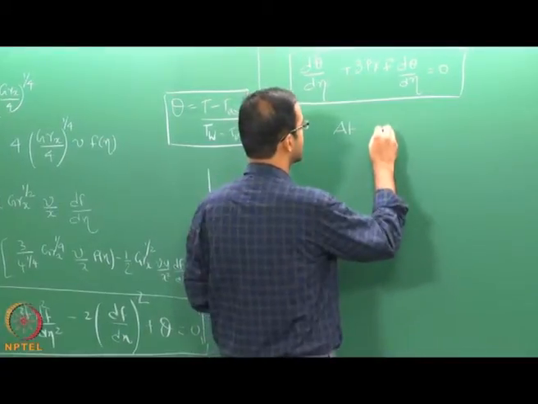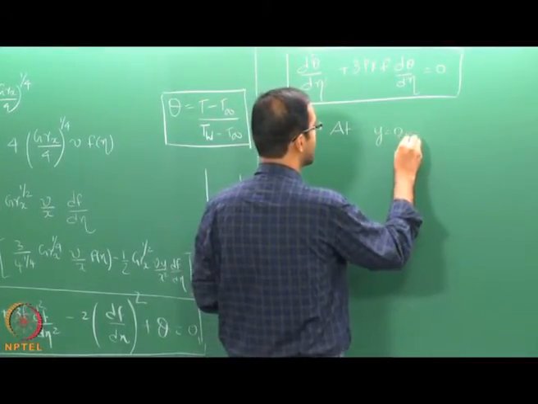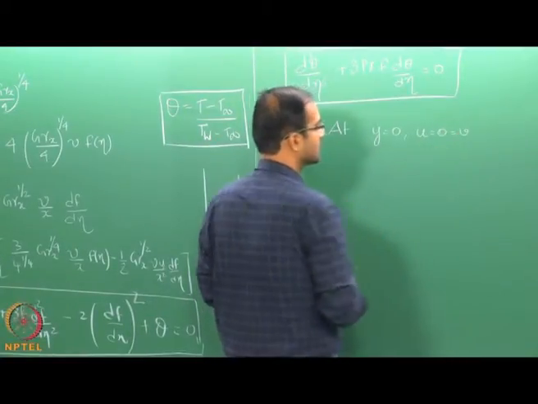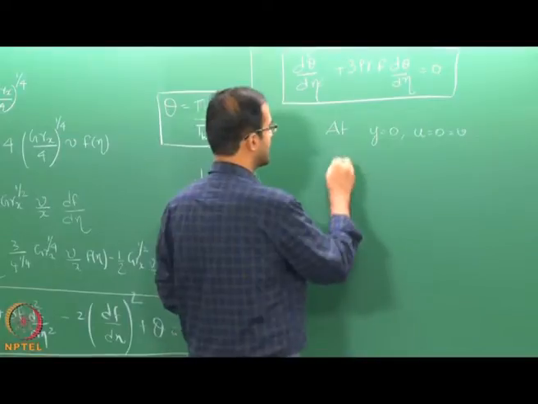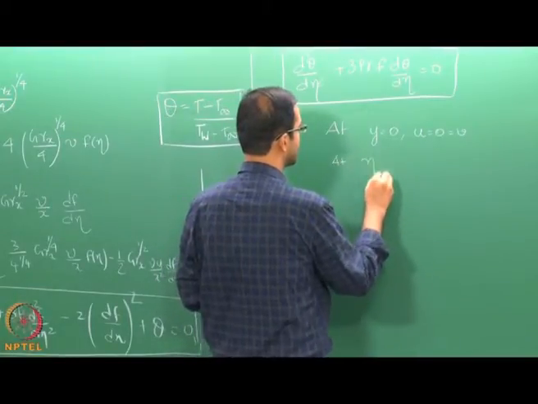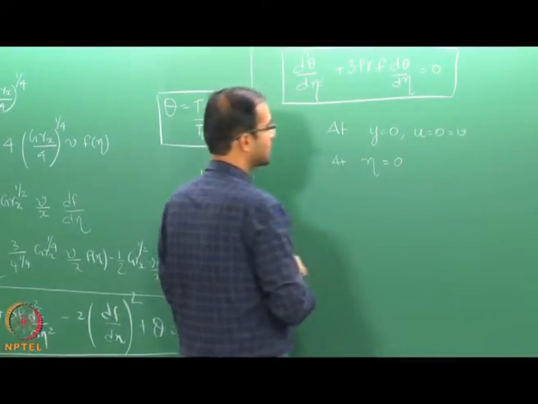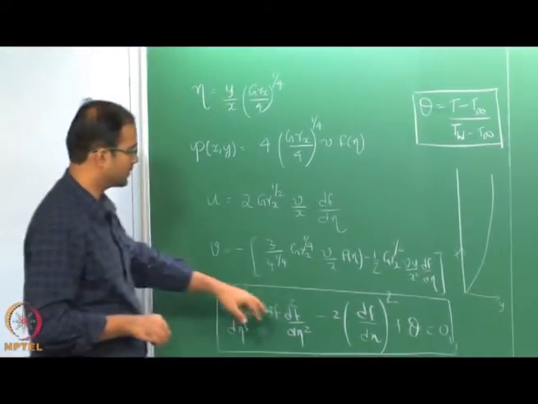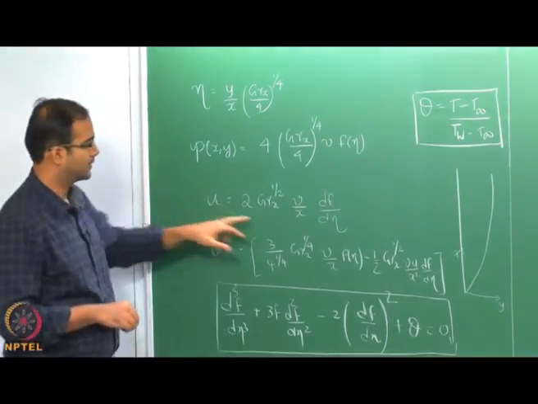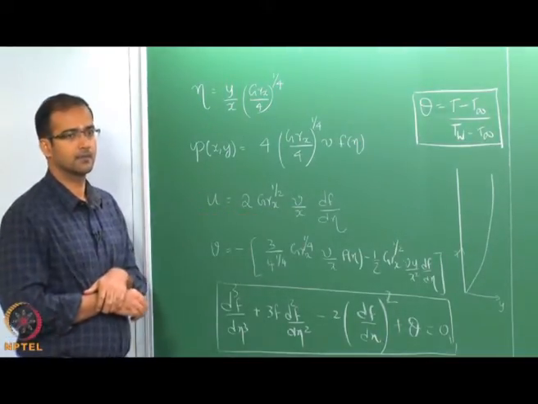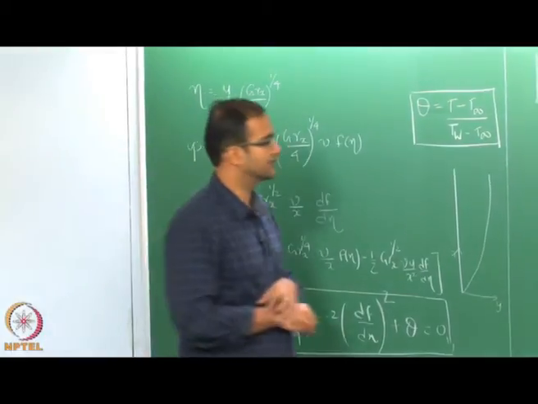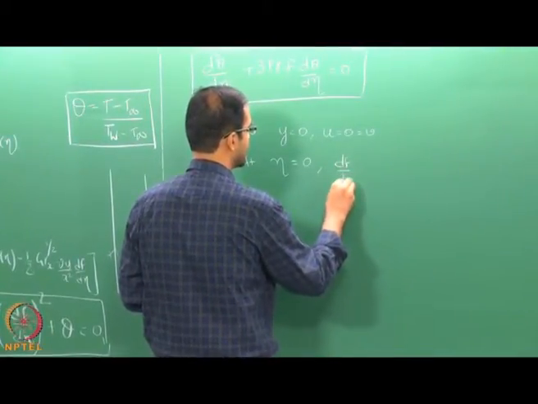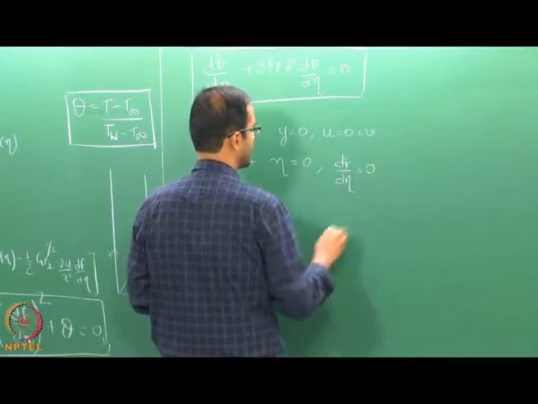Therefore, at y equal to 0, since we have the no slip boundary condition, we can also say that using our similarity variable, eta equal to 0, what will be the condition for df by d eta? Based on the fact that u equal to 0, we can say df by d eta equal to 0.